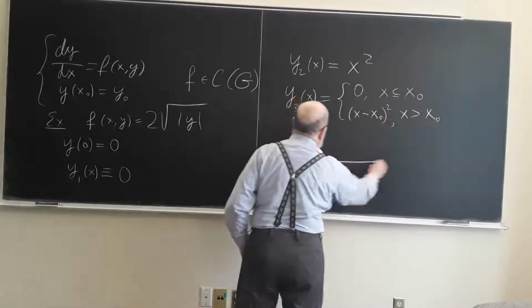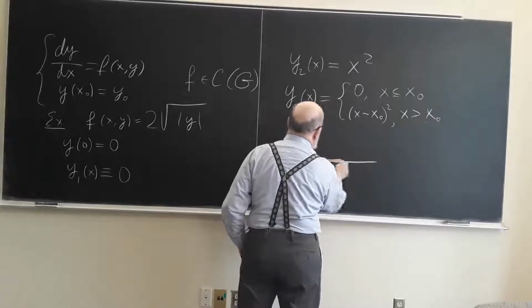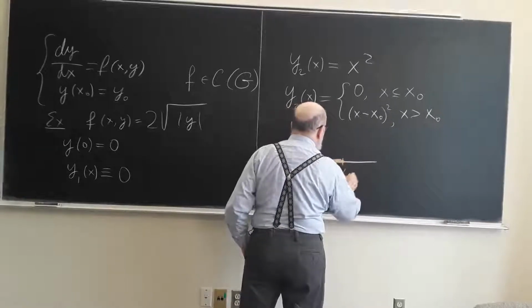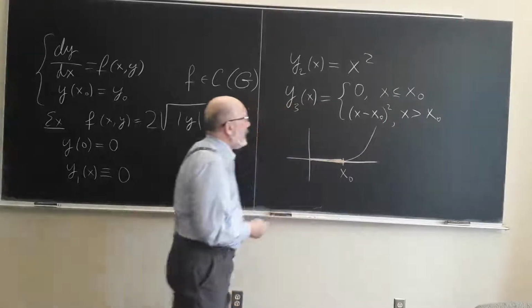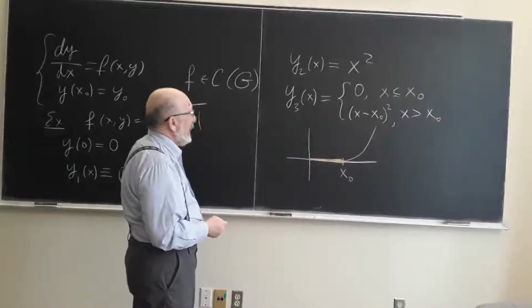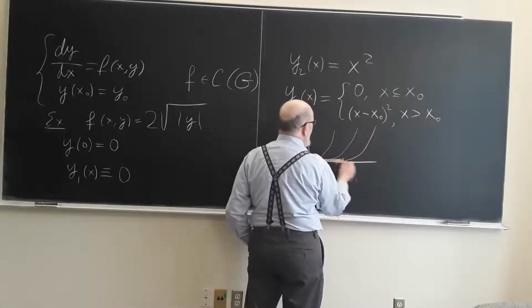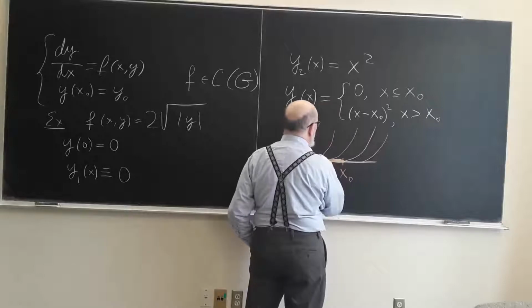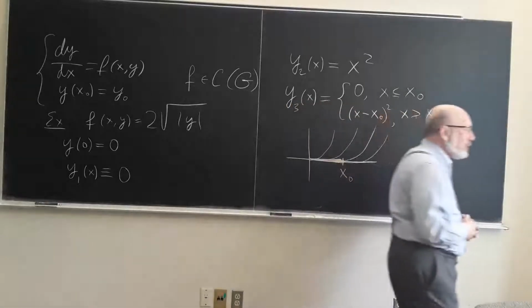For any x0, we have this solution. Here it is 0, and here it is just a square function. So we have this family of solutions.